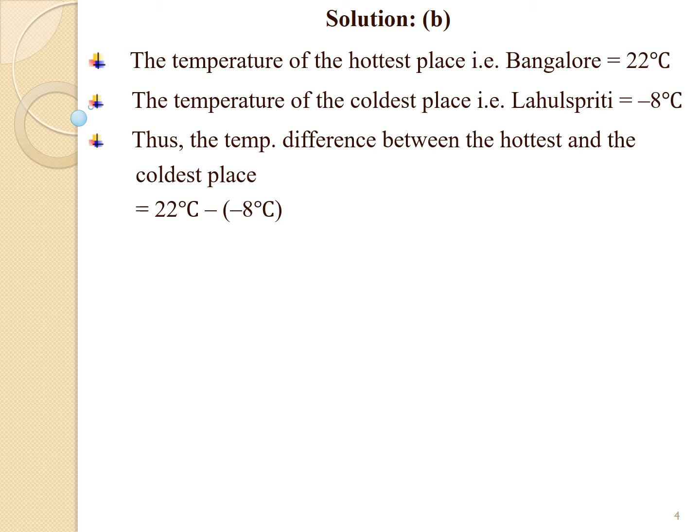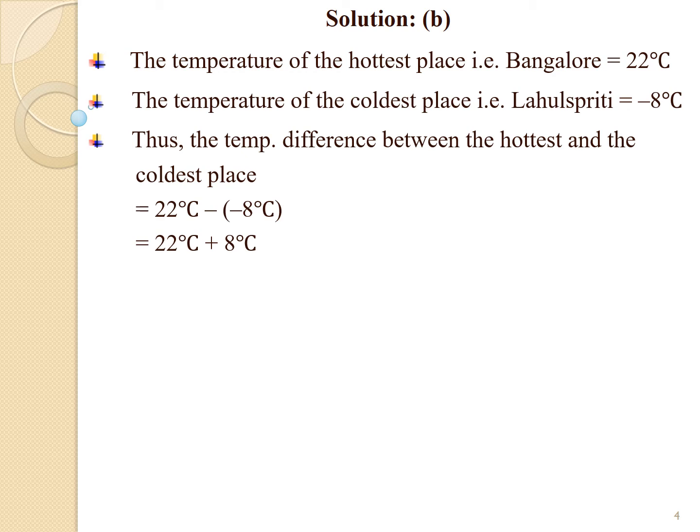So, let us find out the additive inverse of minus 8 and add it to 22 degrees Celsius. Thus, adding the additive inverse of minus 8, which is 8, to 22, we get 22 degrees Celsius plus 8 degrees Celsius.